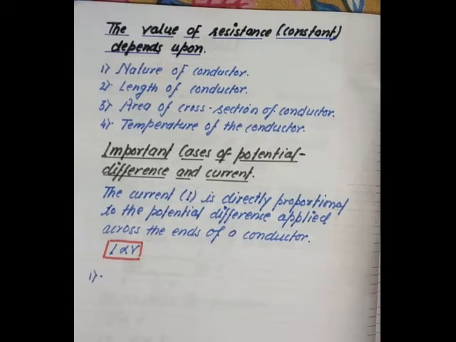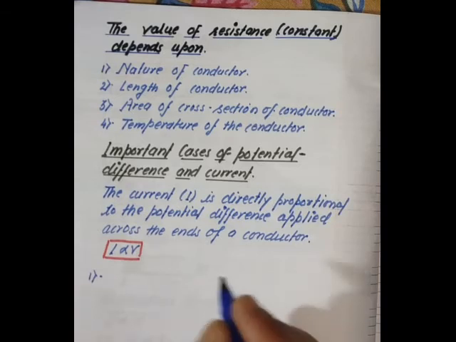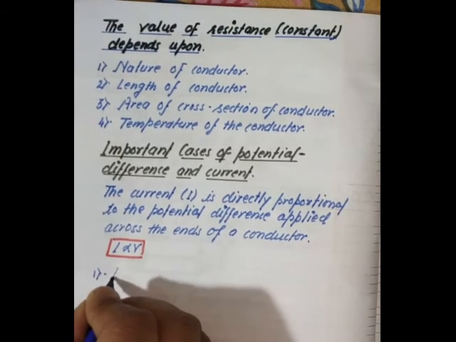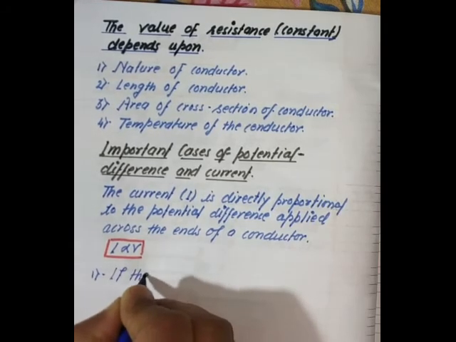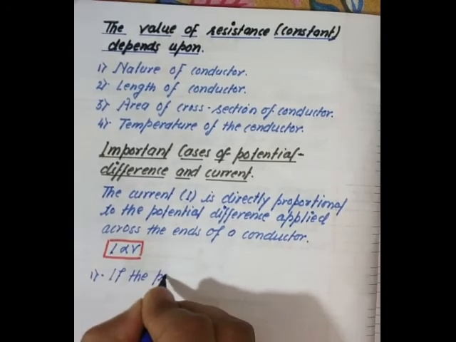If the potential difference across the ends of a conductor is doubled, what is the value of current at that time?